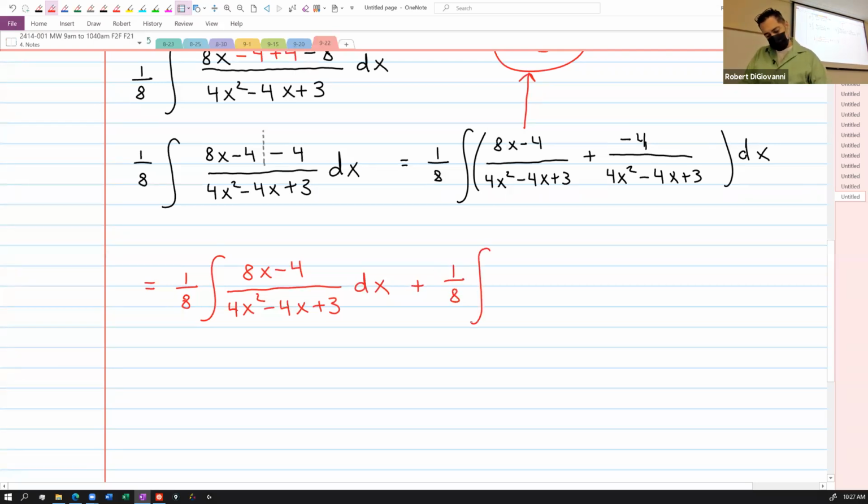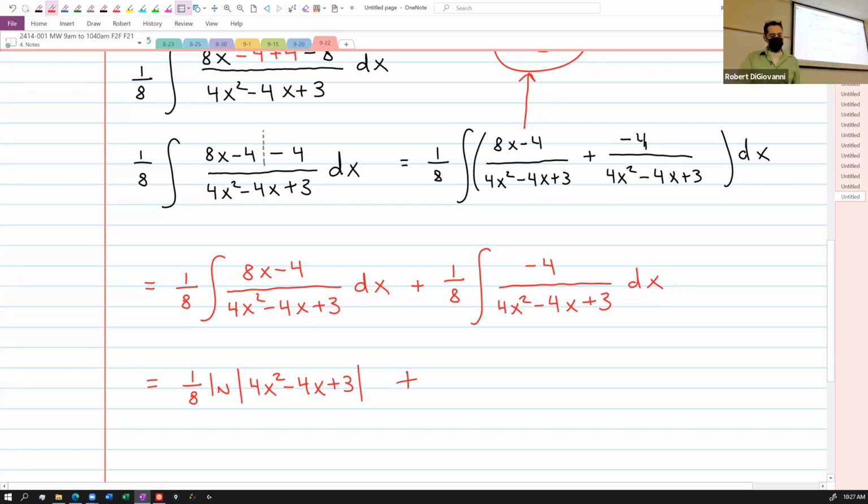You have to bring that 1/8 with you. -4 over 4x squared minus 4x plus 3 dx. First one, do I need to go through this? Do I need to show the substitution here? Are y'all comfortable with the idea that this is really just like 1 over u du? You're okay with that? So this first integral, my answer will be 1/8 natural log absolute value of 4x squared minus 4x plus 3.